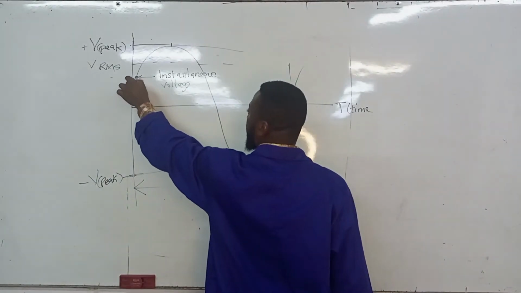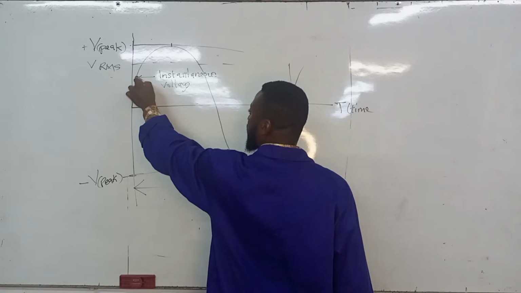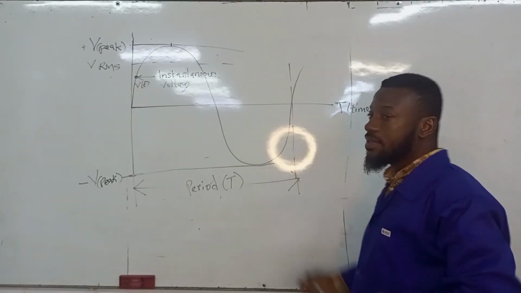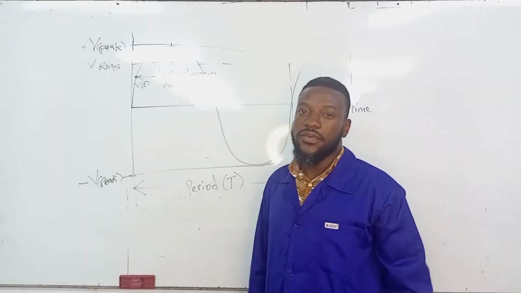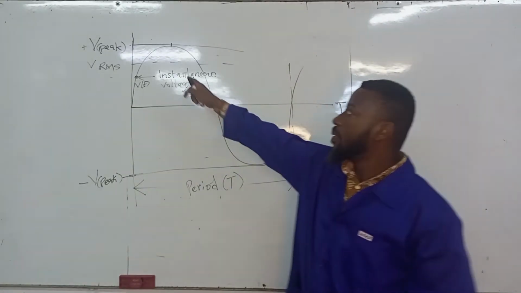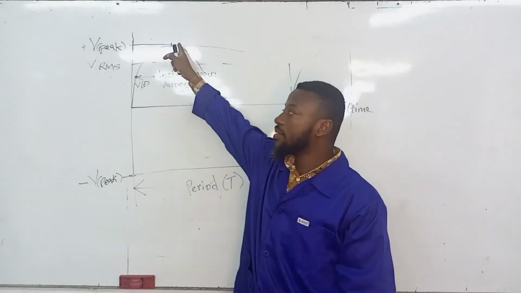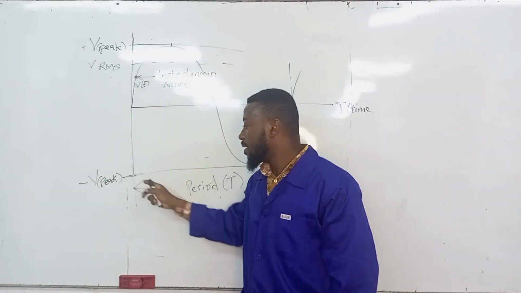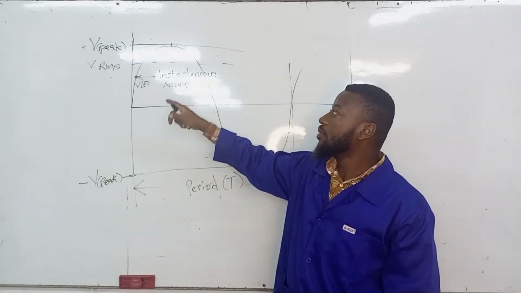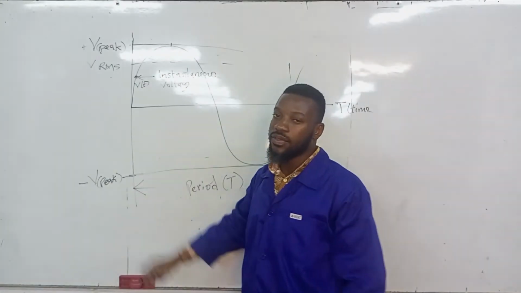Which is VT. Okay, so this is the AC waveform. Now, this is the peak voltage, the highest peak, the highest point, and then this is the lowest voltage, which we refer to as peak to peak voltage.